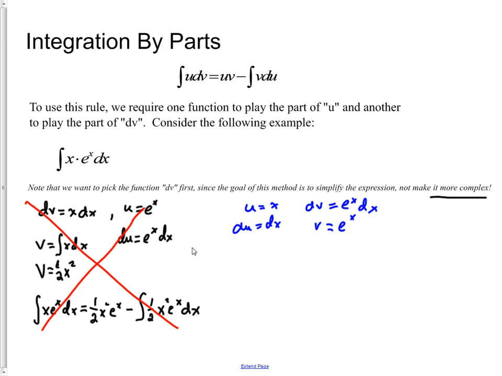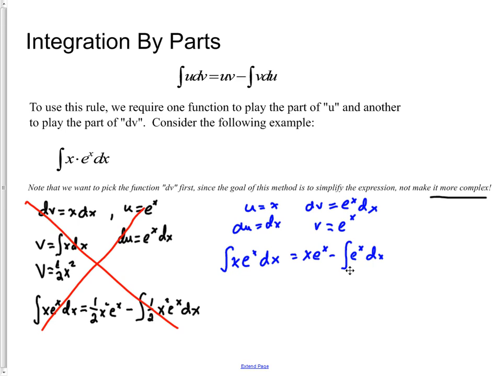So now if we rewrite it, our integral of x times e to the x dx is going to be equal to u times v. So we're going to take x times e to the x, but we're going to subtract from that the integral of v times du. V is e to the x times du, which is dx.